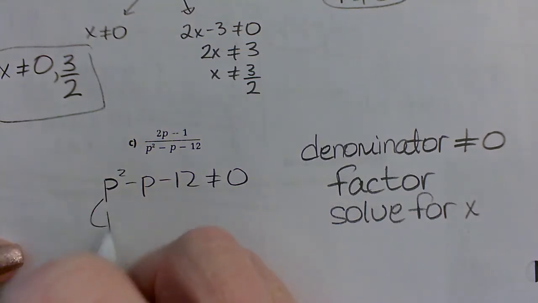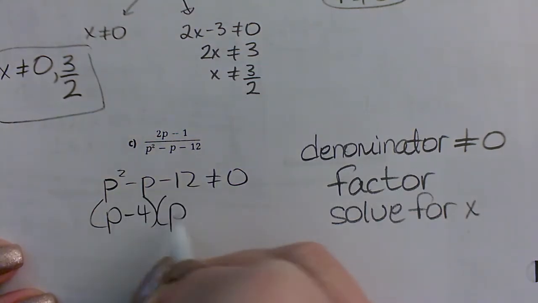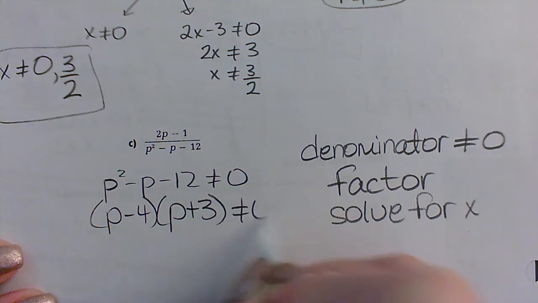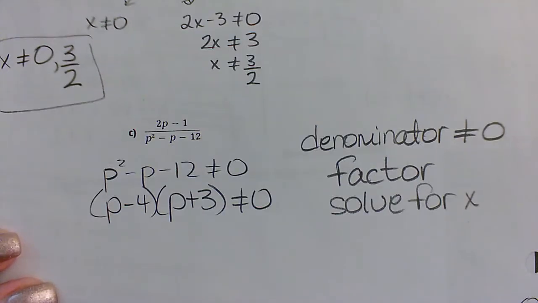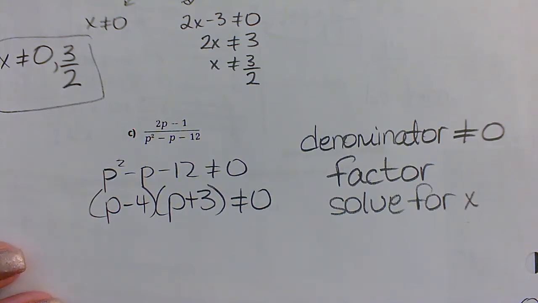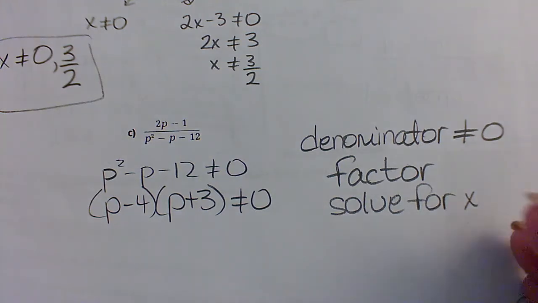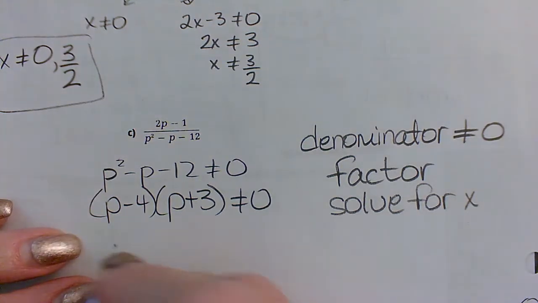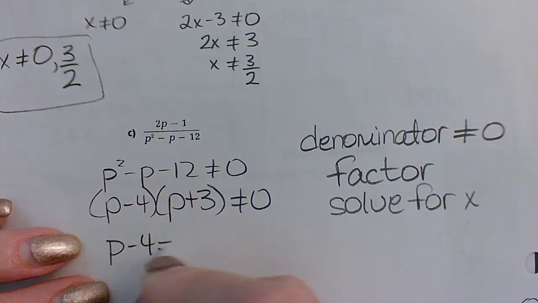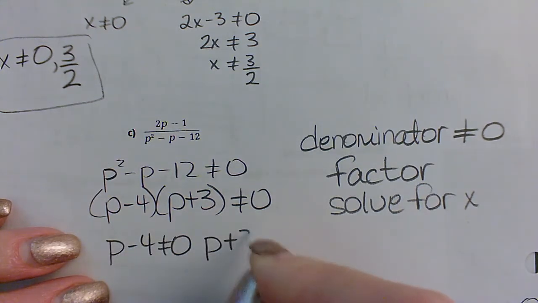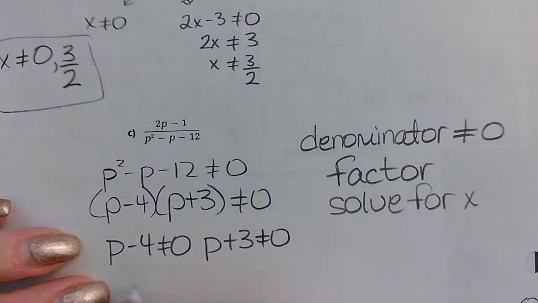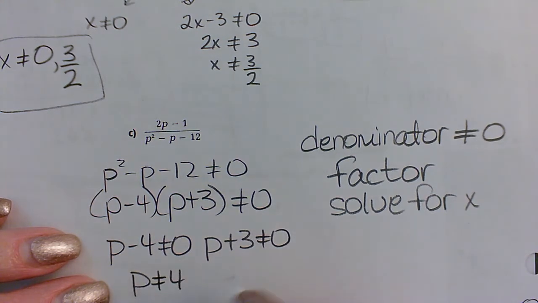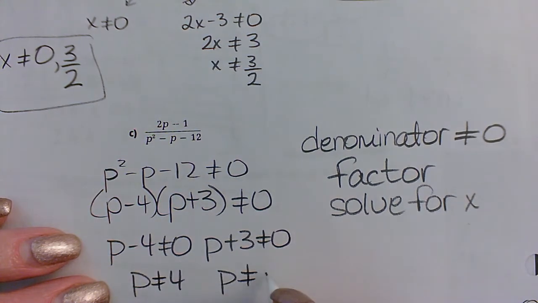Did we get p minus 4 and p plus 3 not equal to 0? Alright, p cannot equal 4 and p does not equal negative 3.